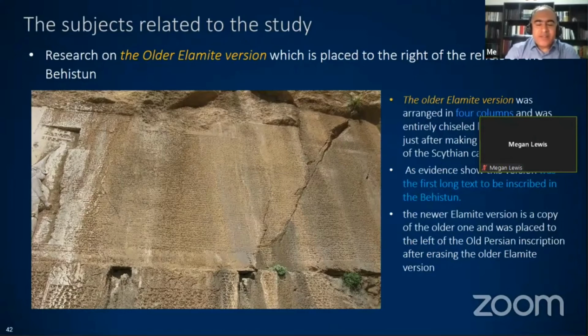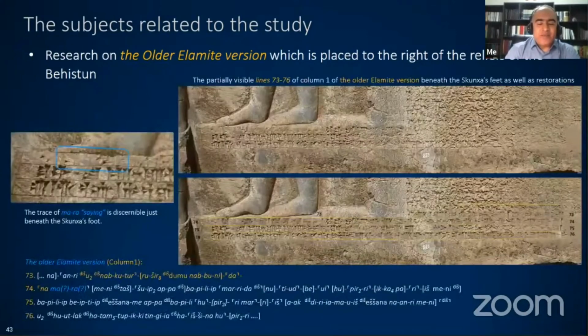Regarding the 3 lines beneath the relief, which are vaguely legible, corresponding to lines 62 to 65 in the first column of the newer Elamite version, there is a difference that I have found based on my examination in line 74 of the first column in the older version.